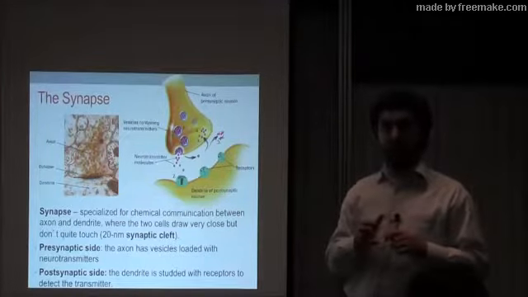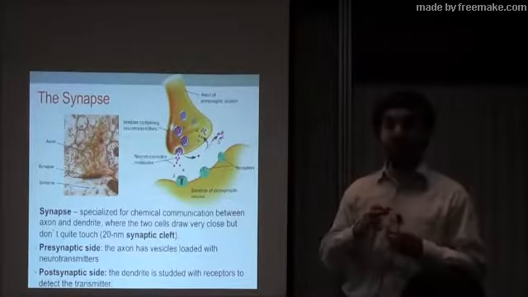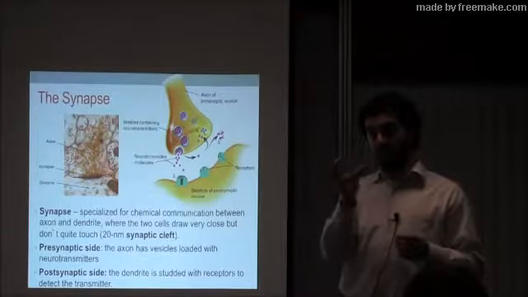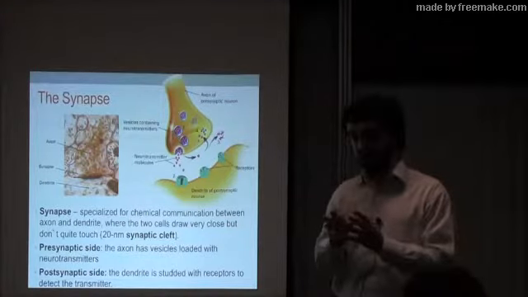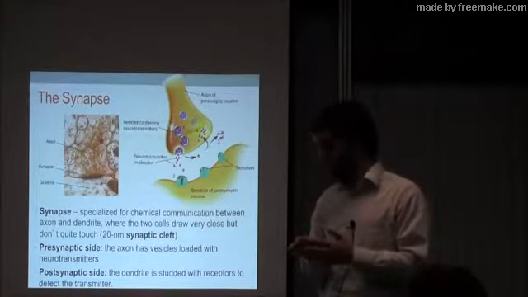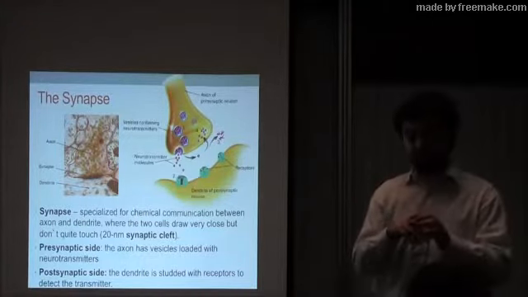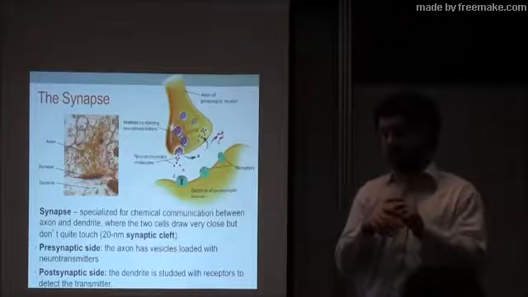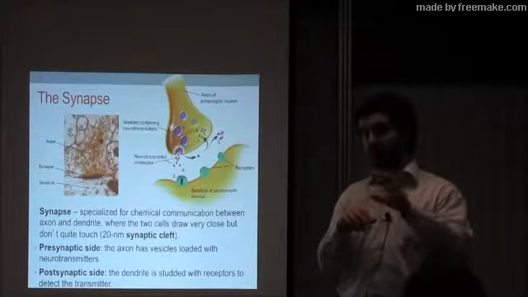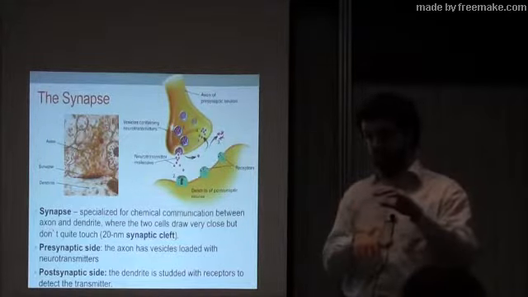The first one is the presynaptic element, which is on the axon of the presynaptic neuron. And there is the postsynaptic element, and there is a synapse, the space that separates the presynaptic element from the postsynaptic element.